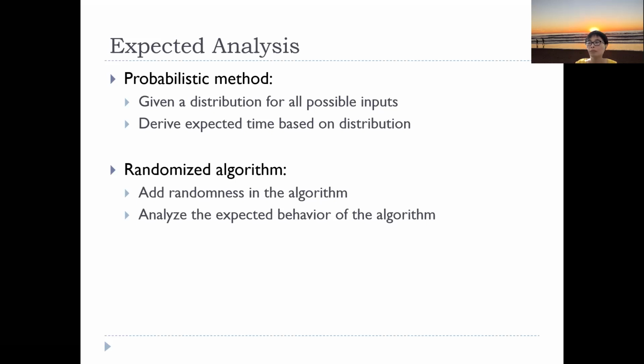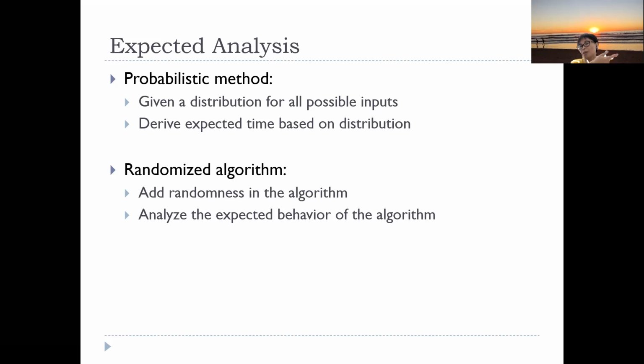Okay, so if you say that my input is going to be of this distribution, then we can compute, for each input, what is the time complexity, and what is the probability, the fraction of the time that this input is going to happen.